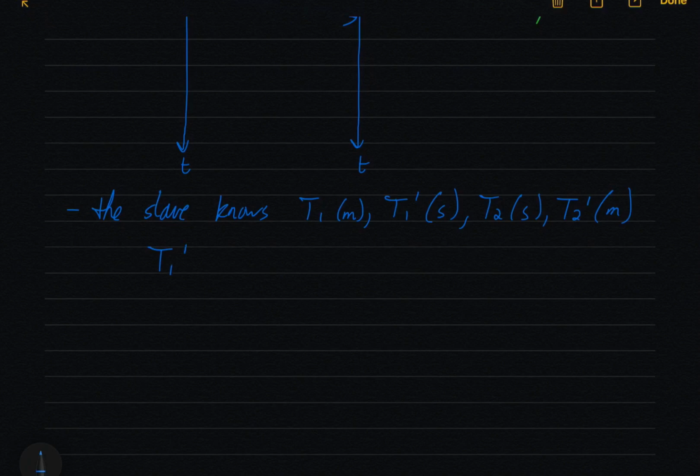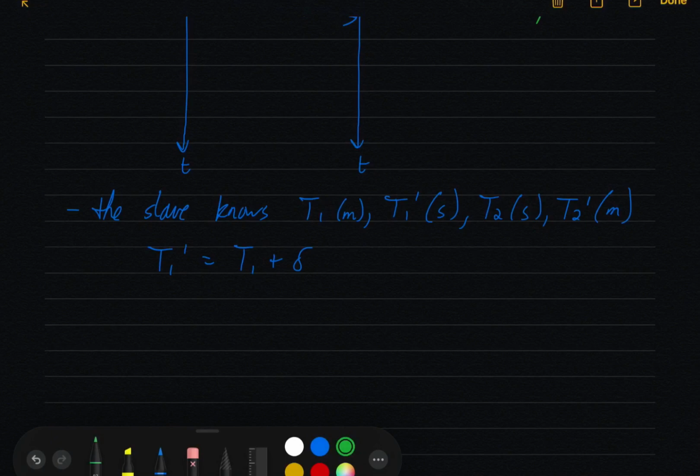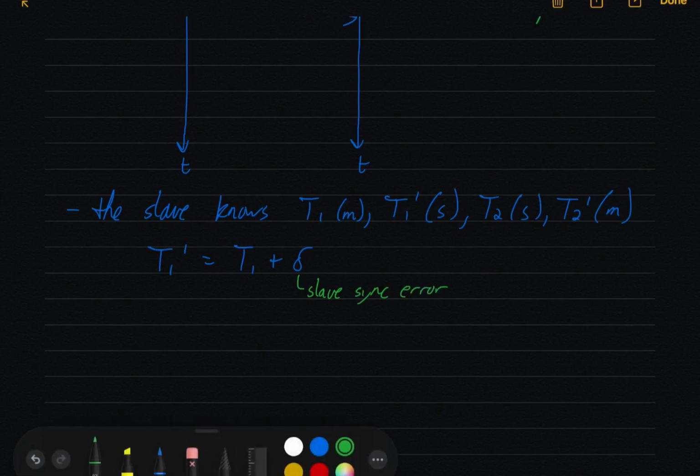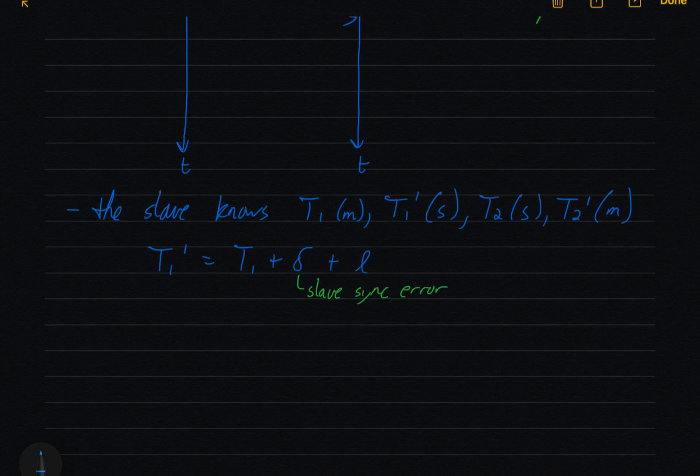So T1 prime is going to be equal to the authoritative time T1 plus whatever error the slave has, its synchronization error. So let's write that. So this is the slave sync error, just how much its clock is off by, plus L. And L is the network latency.